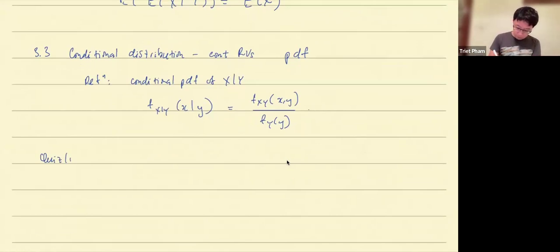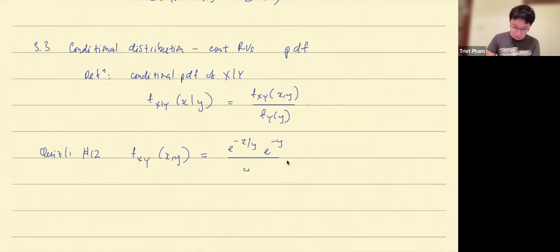So this is question number 12 in chapter 3. It says that the joint density is given by, so this is the joint density.